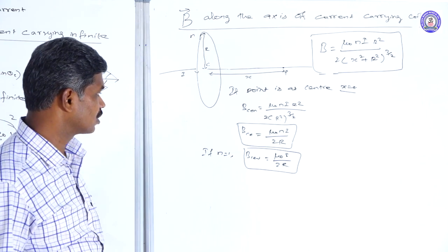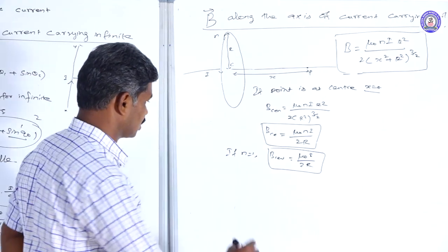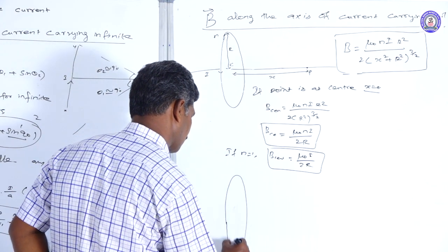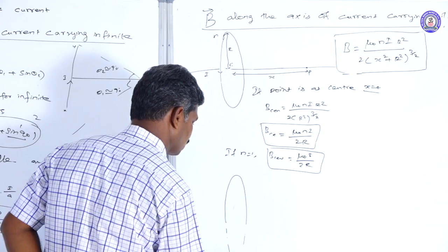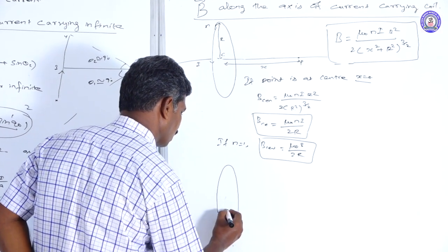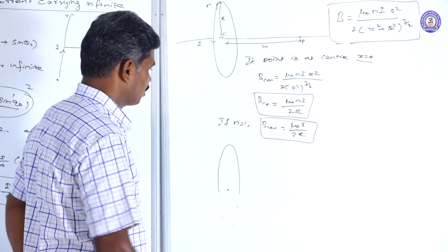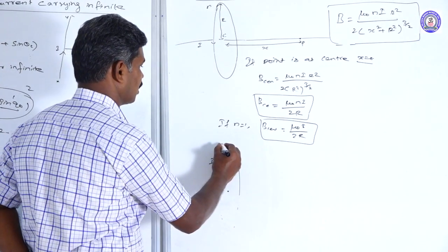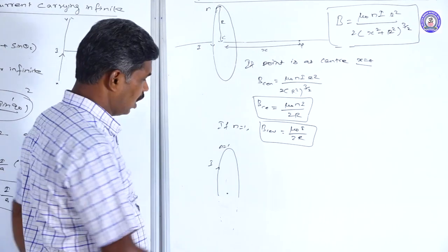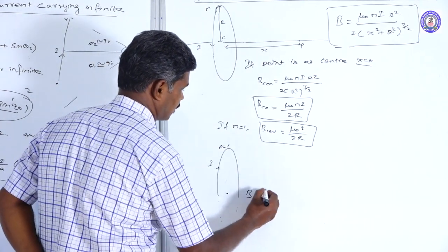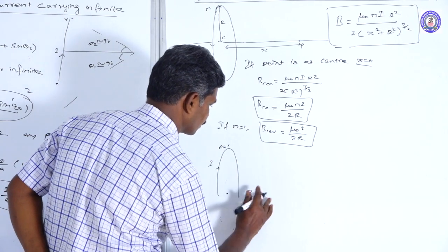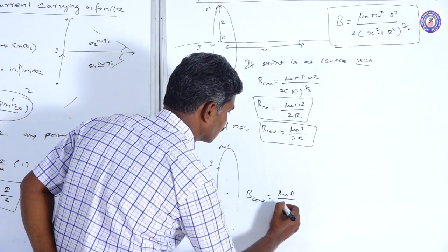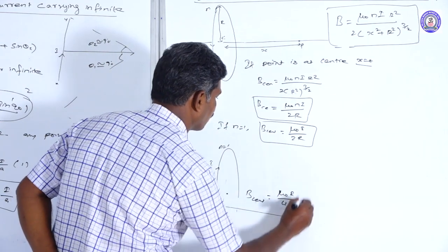If the coil is taken as only half, suppose in that full circular part one half is removed and only the half part carries I ampere current, with number of turns n equal to 1, then the magnetic induction at the center is mu naught I by 4r, for the half part.